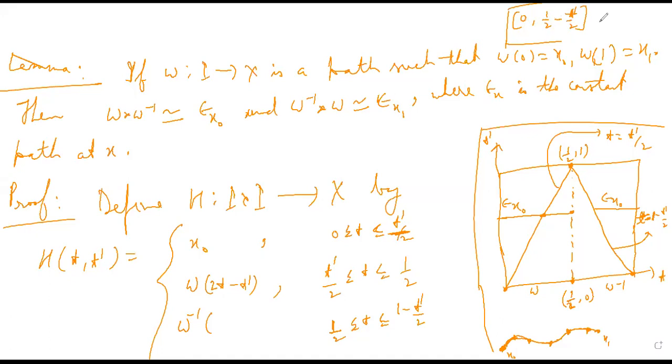So we have to increase the speed. So it is omega inverse of t minus half, and then with double speed, it is 2t minus 1.